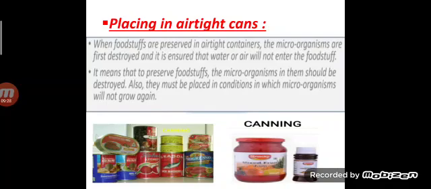After that, the foodstuff is placed in airtight containers, and as it is free of microorganisms, the food is preserved for a longer time because it is placed in a condition where microorganisms will not grow again. So till now, students, what have we learned? Yes, what are the different ways of preserving food materials?